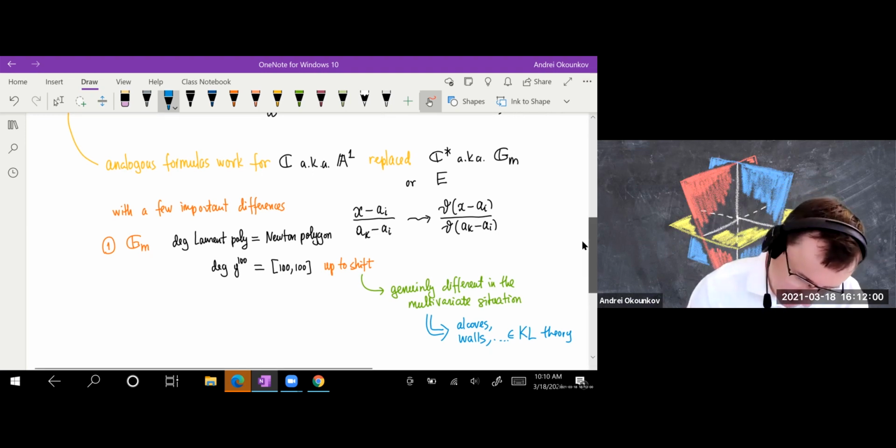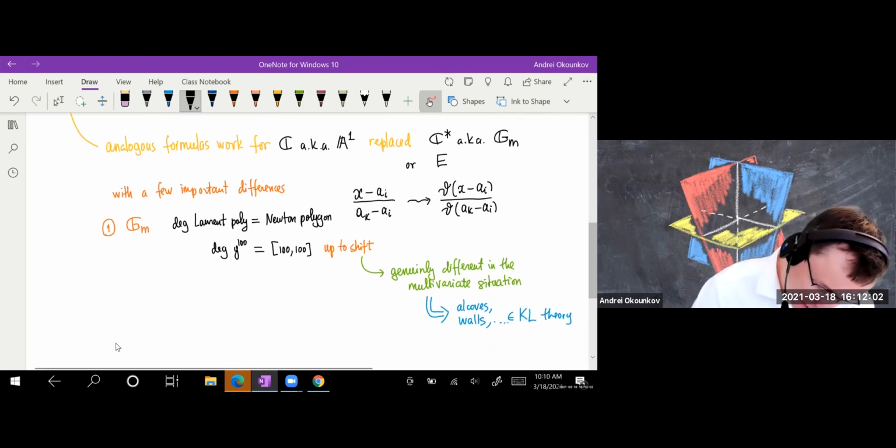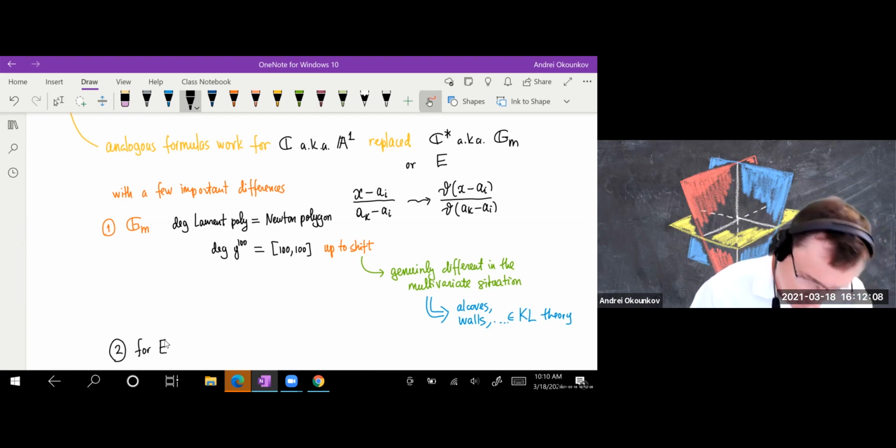And the second thing, in the elliptic situation, which will be of maximal concern for us, for E we have moduli.